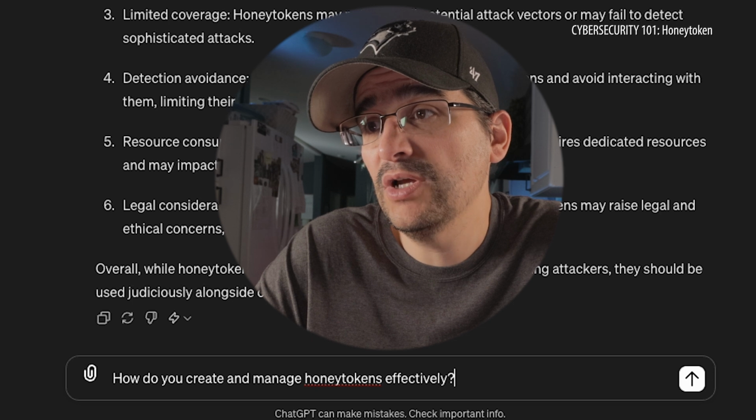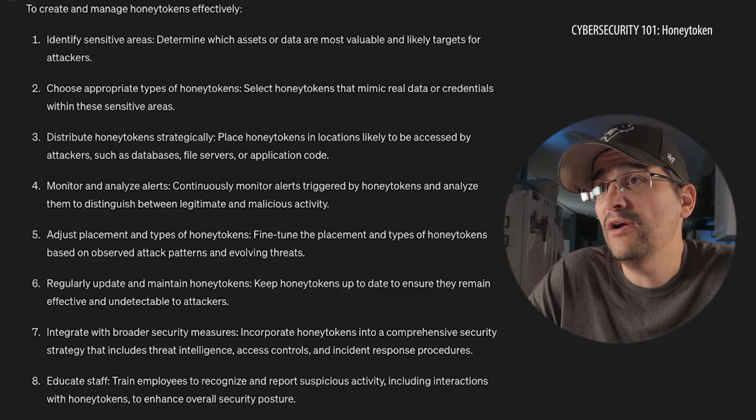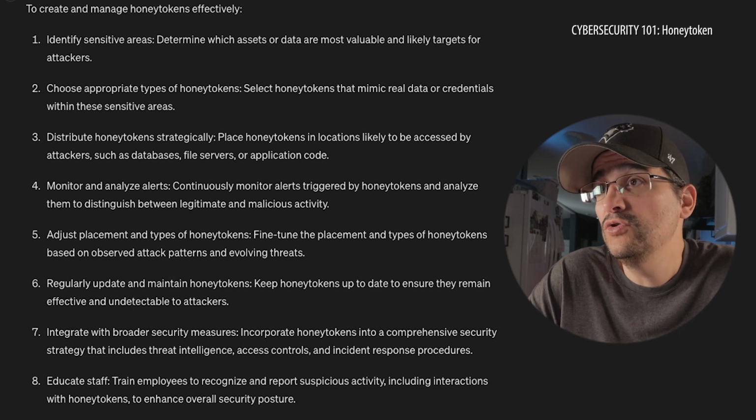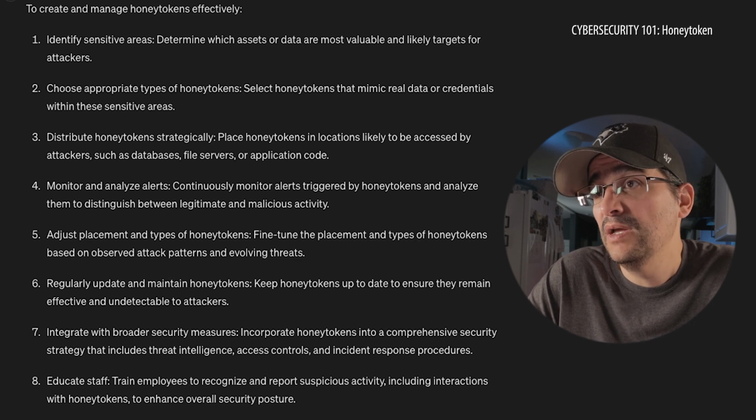So, all right. What's the process of making sure that you do this the right way? How do you create and manage Honeytokens effectively? All right, so identify sensitive areas. So put them in places you think people are going to go. Choose appropriate types of Honeytokens. Make sure you're not putting the wrong cheese out for those mice. Distribute Honeytokens strategically. Monitor and analyze alerts.